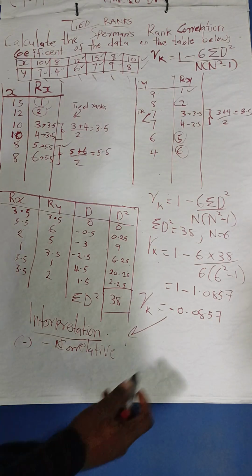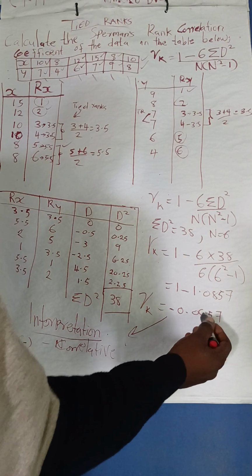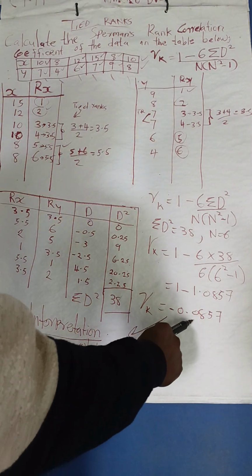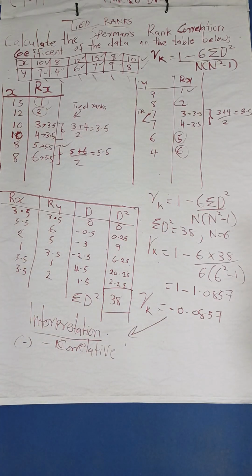This is low negatively correlated, because you can see it's far from even 0.5. So the end conclusion will say the relationship between x and y is very low.